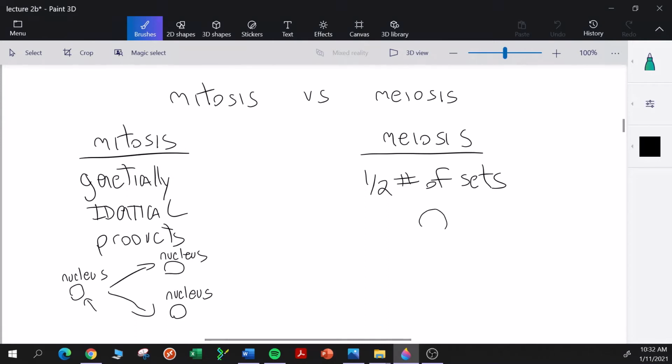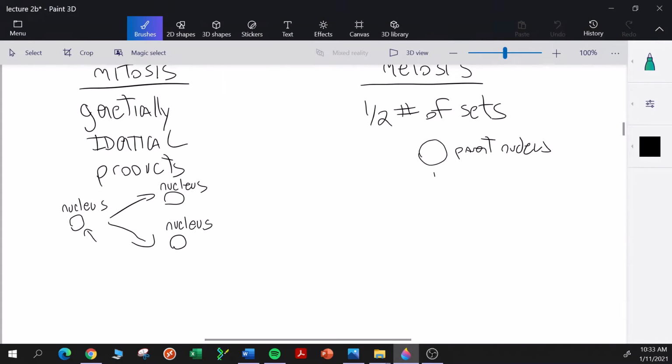So let's say if this right here is the parent nucleus, after meiosis has completed, each of the meiotic products, each of the nuclei produced by meiosis, should have 1/2 the number of sets.